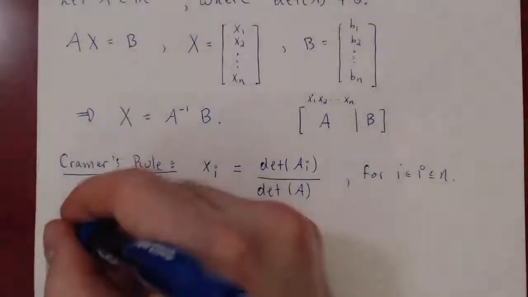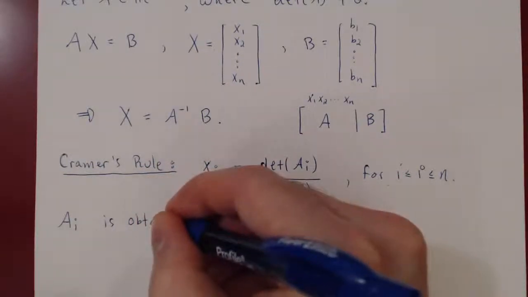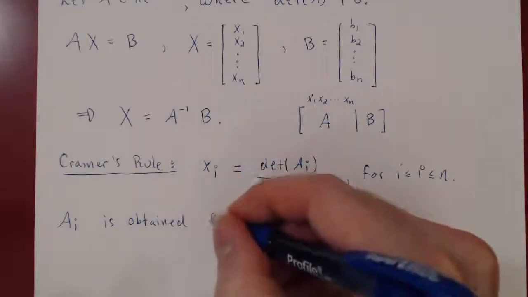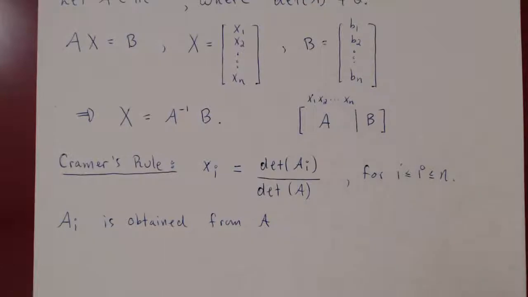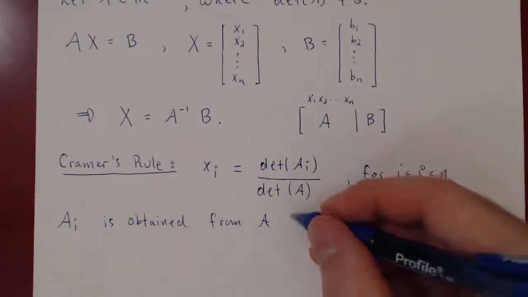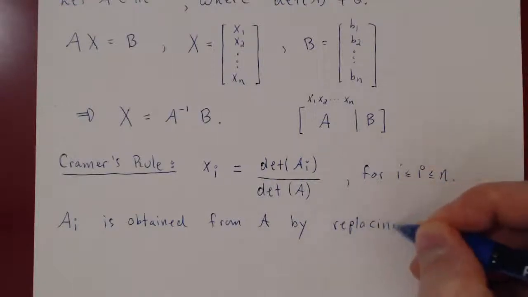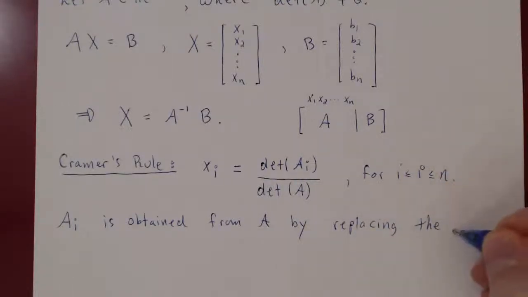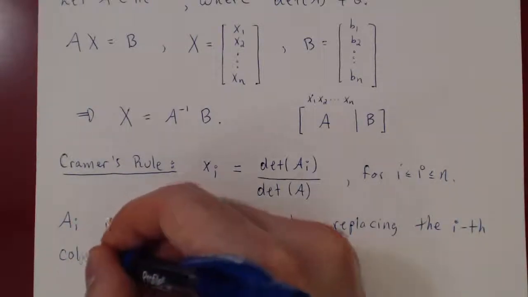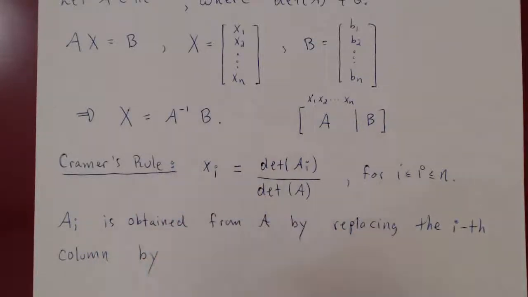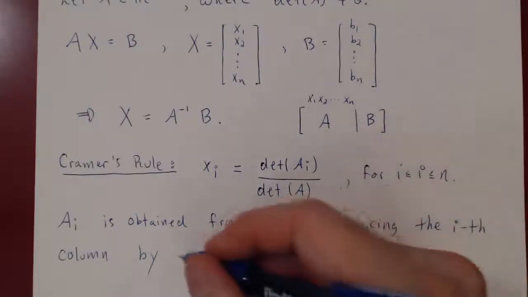So quite simply, Ai is obtained from A, and we tweak A a little bit. So Ai is obtained from A by replacing the ith column by, quite simply, the column of constants, by b.